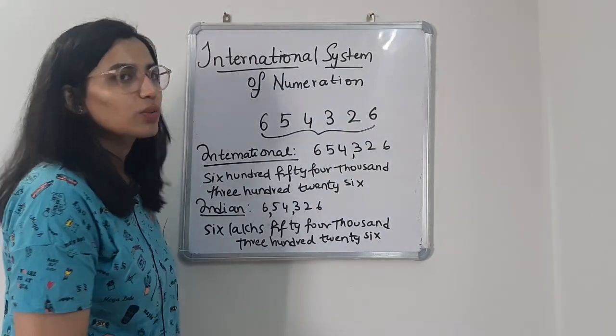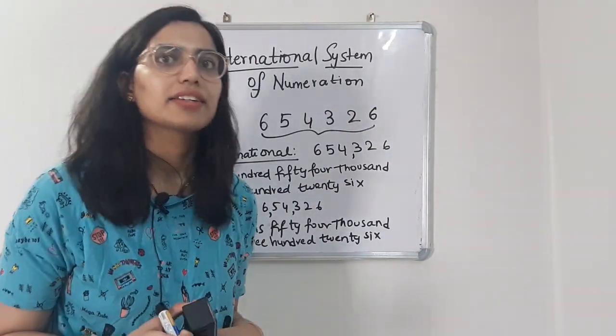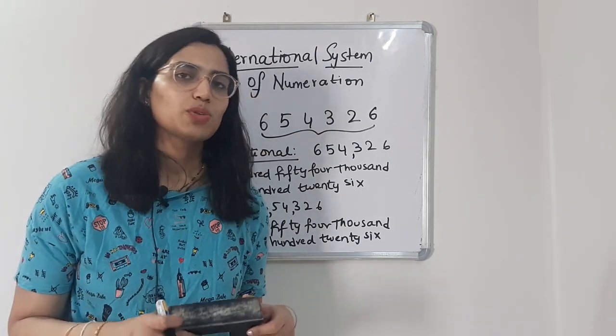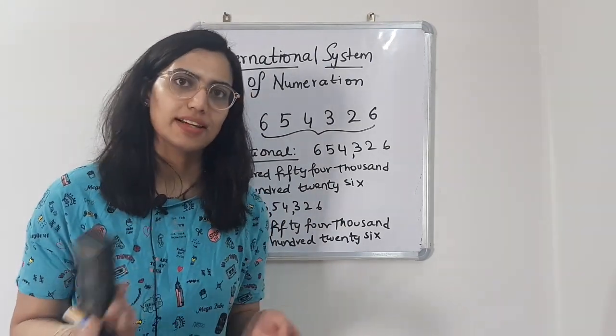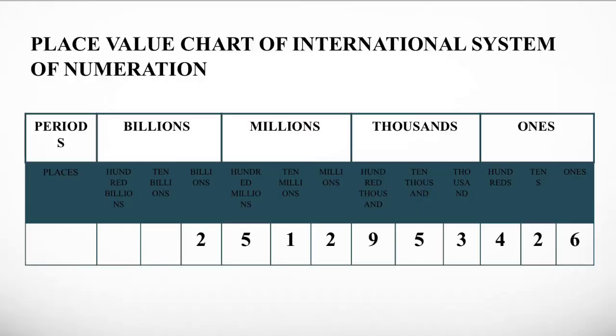So now let's quickly look into the place value chart and then I'll give you the comparison between Indian and international and how exactly the periods differ. As you can see on the screen, we have the place value chart. To read numbers in the international system of numeration, we first separate groups of ones, thousands, millions and billions by commas.